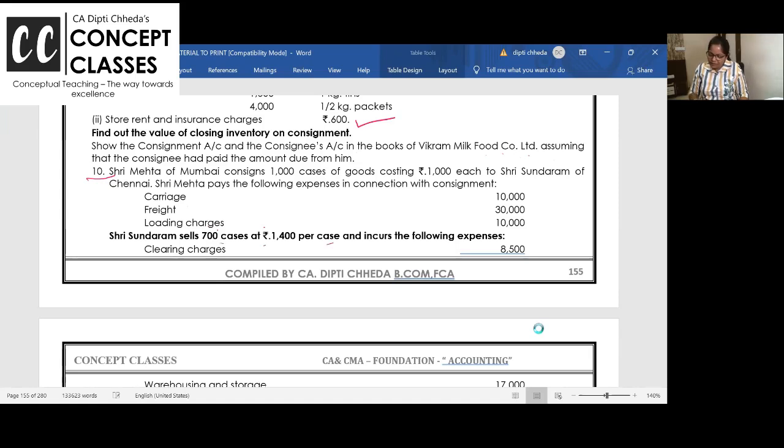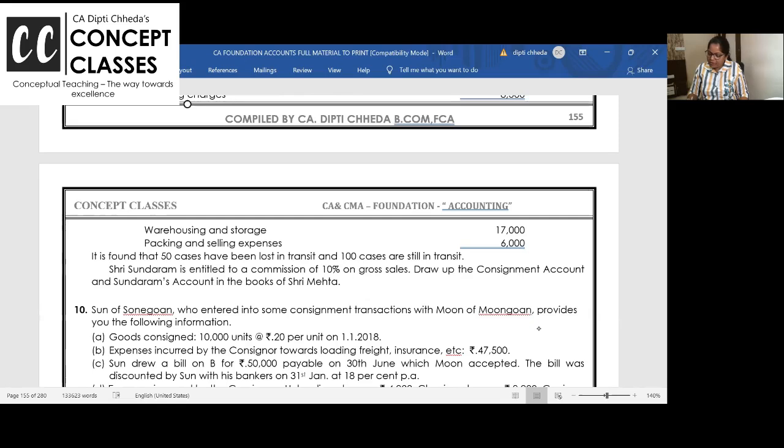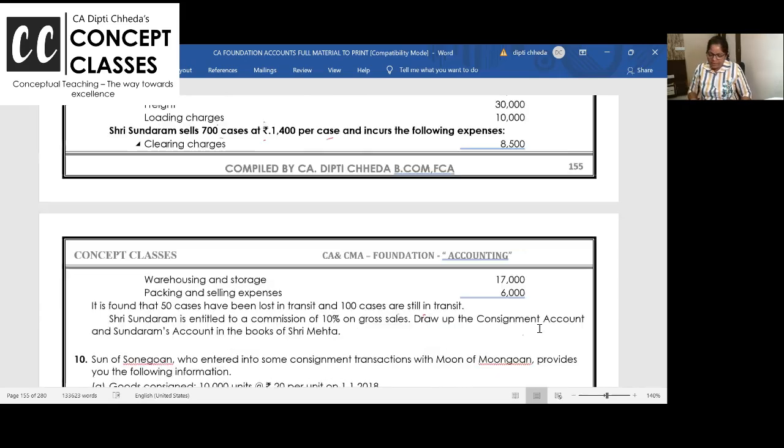Sundaram sold 700 cases, and 50 cases were lost in transit and 100 are still in transit. For both, the valuation will be the same: cost of the consignor and expenses of the consignor also you will take. He is entitled to commission. So easy. There is no insurance and nothing like that.